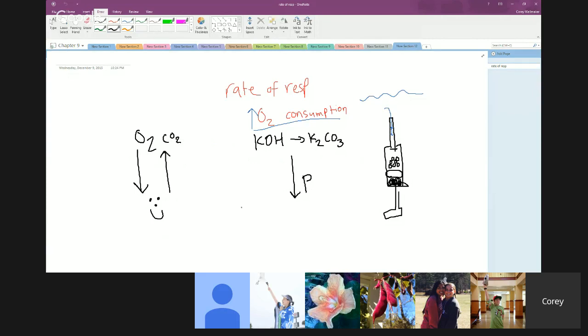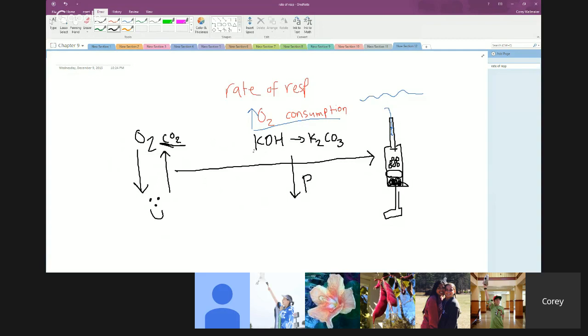So if you're trying to measure oxygen consumption by looking at pressure changes, there is no pressure change if you don't do anything with this carbon dioxide, because as soon as you take oxygen out, you replace it with carbon dioxide, so the pressure of the system doesn't change.